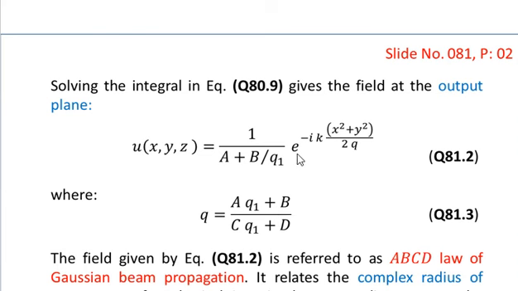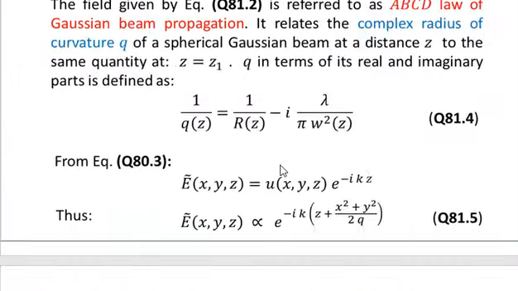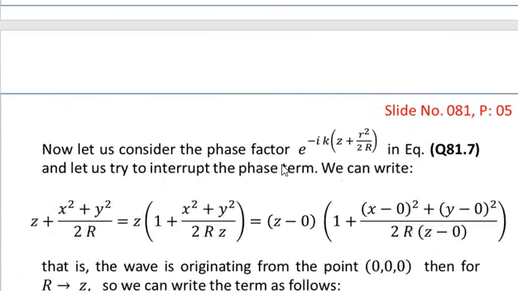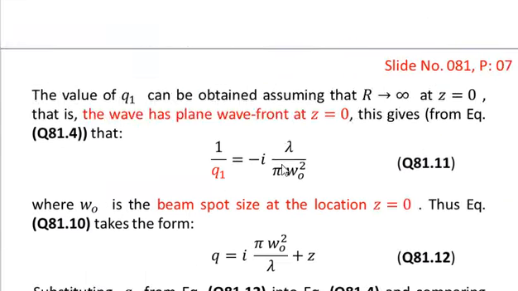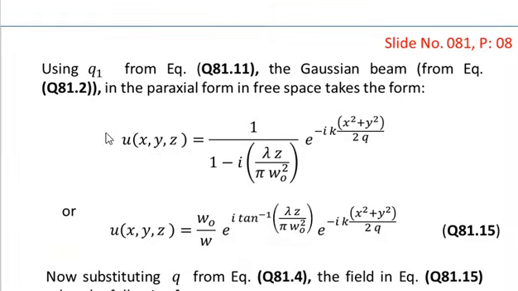We are going to substitute the value of q1 from equation number 11 into equation number 2, and we get the result that the field at the point x, y, z is equal to 1 over 1 minus iota times lambda z over pi w naught square, multiplied by the phase factor e to the power minus iota k times x square plus y square over 2q.